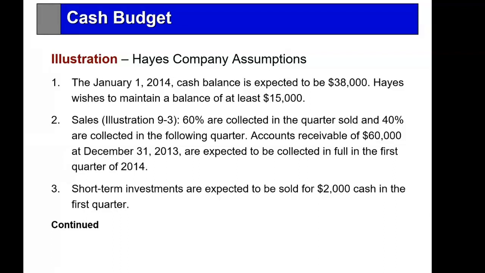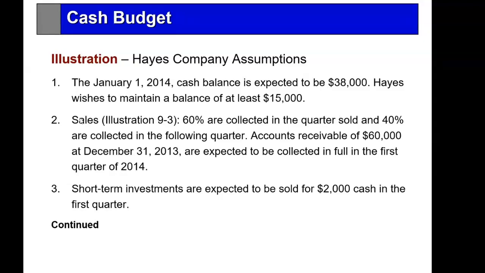And that policy is stated as: maintain a balance of at least 15,000. That means if at the end of a quarter you only have 13,000 left in the bank, you're going to have to borrow 2,000. You have to come up to at least 15,000. Then next quarter, if you have more than 15, you pay back the 2. That's how it works.